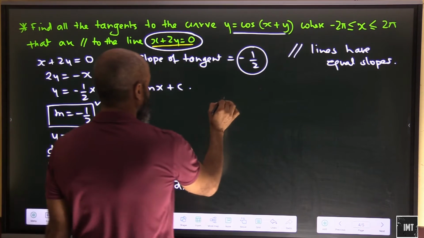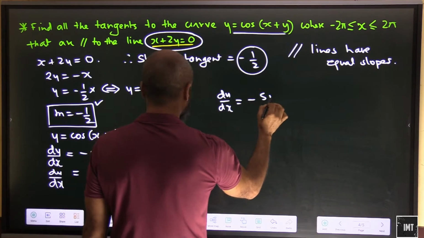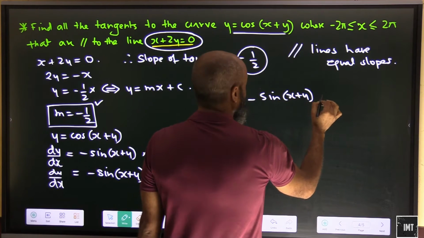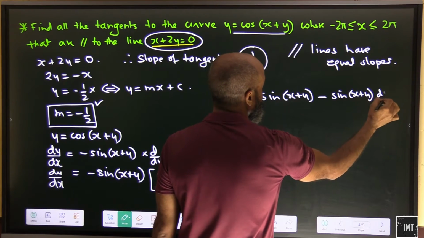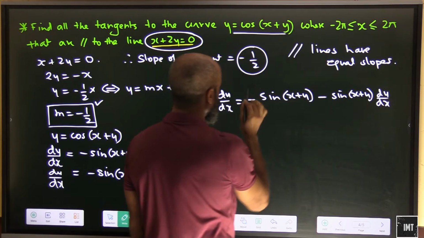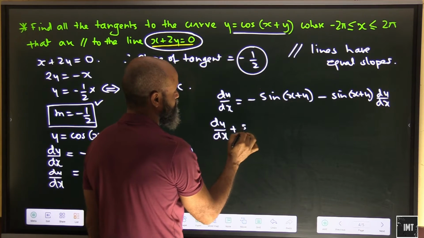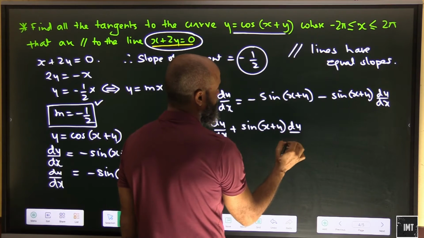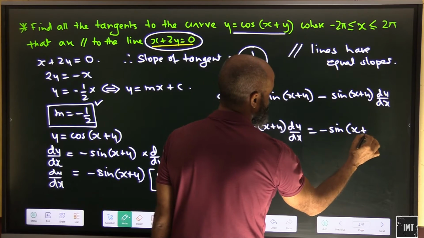Now dy by dx is equal to minus sin(x plus y) minus sin(x plus y) dy by dx. If we shift this to this side, it will be dy by dx plus sin(x plus y) dy by dx, which should be equal to minus sin(x plus y).